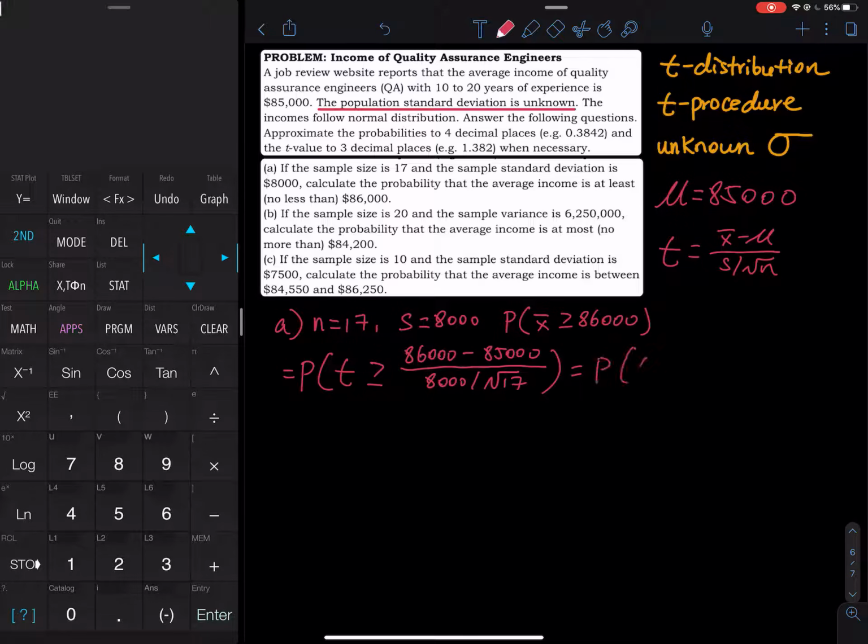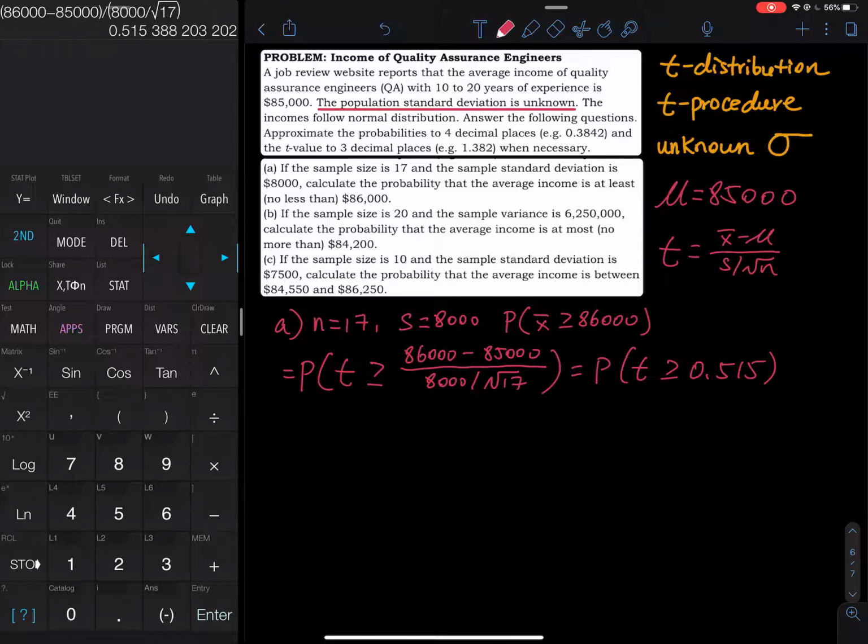So let's approximate this. We have parenthesis 86,000 minus 85,000, and then divided by, remember to close the parenthesis, 8,000 over the square root of 17. That is approximately 0.515.